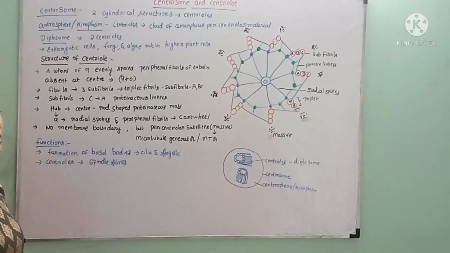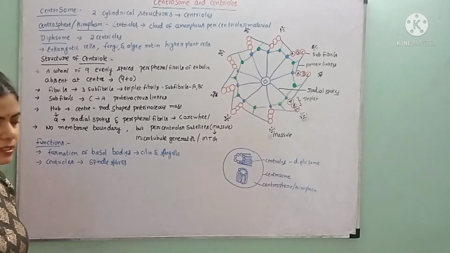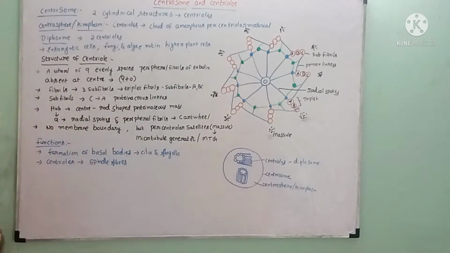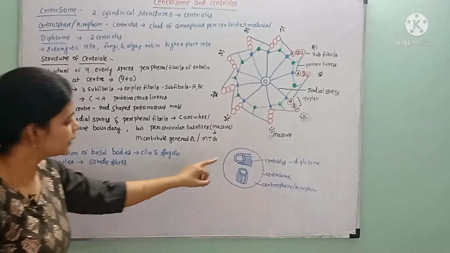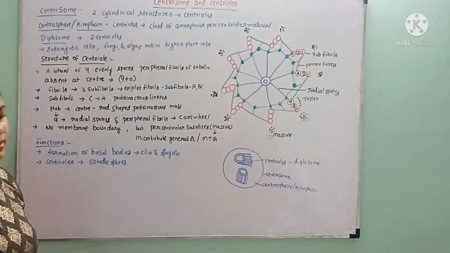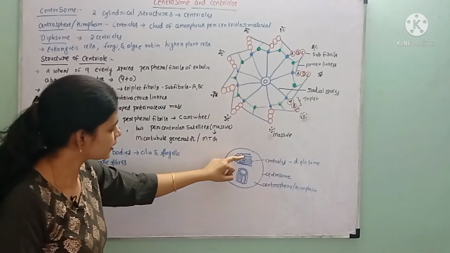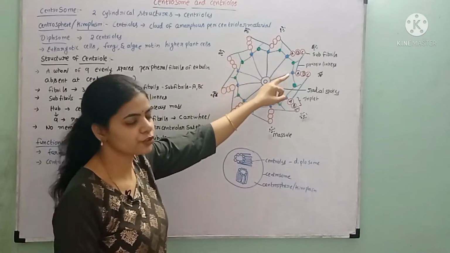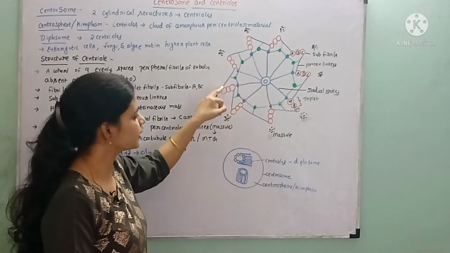This is the transverse section of a centriole. It consists of a whorl of 9 evenly spaced peripheral fibrils. See this, how many are present? 9 evenly spaced peripheral fibrils of tubulin are present. How many? 9.